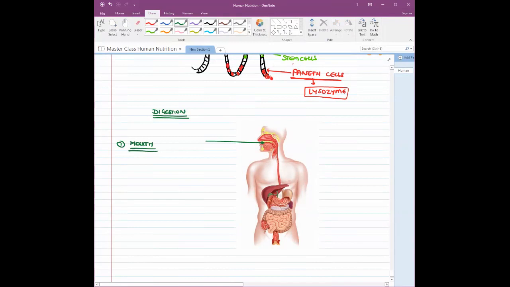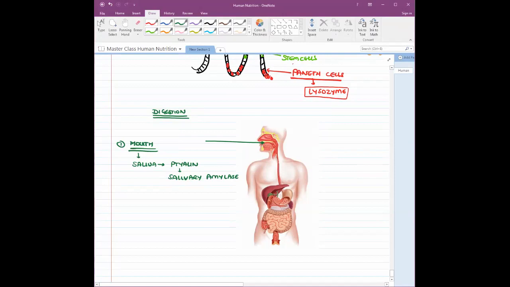And if you remember, I had told you that in your saliva we have an enzyme called ptyalin, also known as salivary amylase. So the first reaction takes place in your mouth region only.